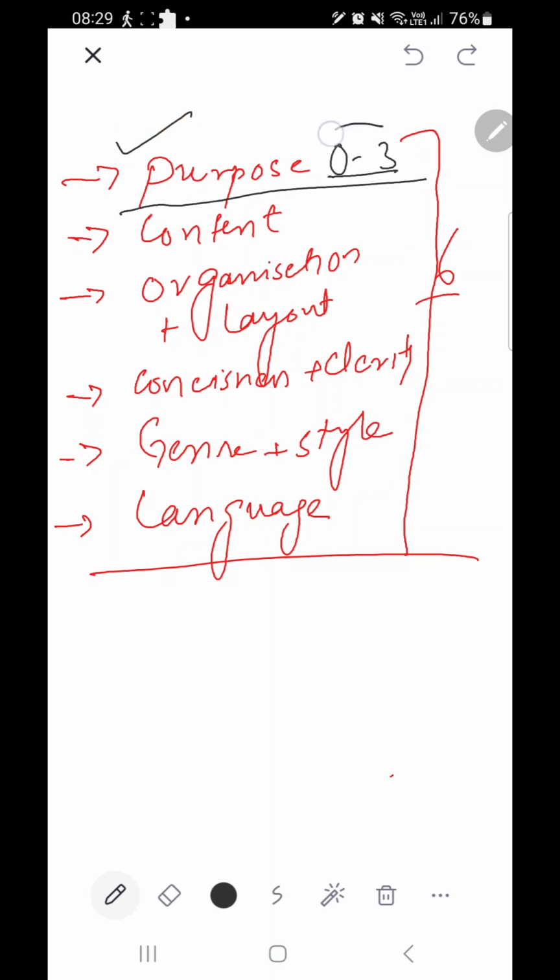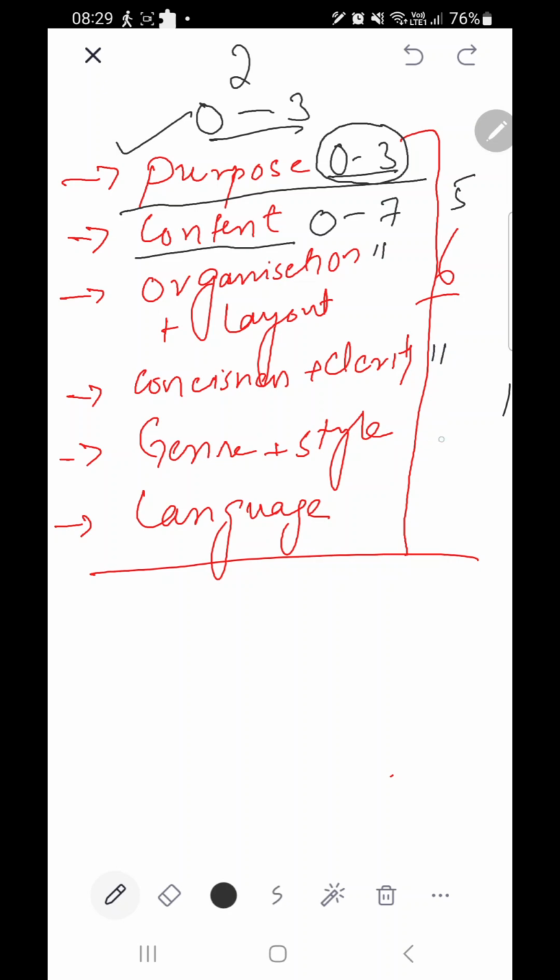Your purpose will be marked on a 0 to 3 scale, and in order to qualify, you must get 2 on the scale of purpose. Content is from 0 to 7, and passing is 5. The same goes for organization, clarity, genre and style, and language. Their passing is 5.